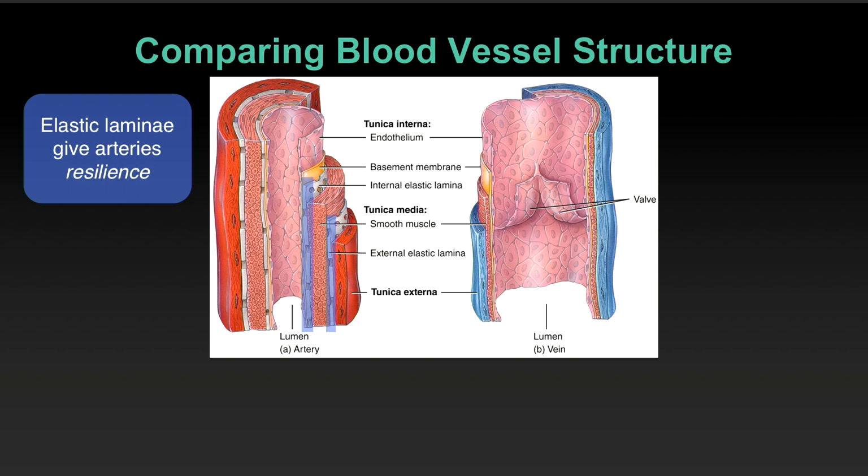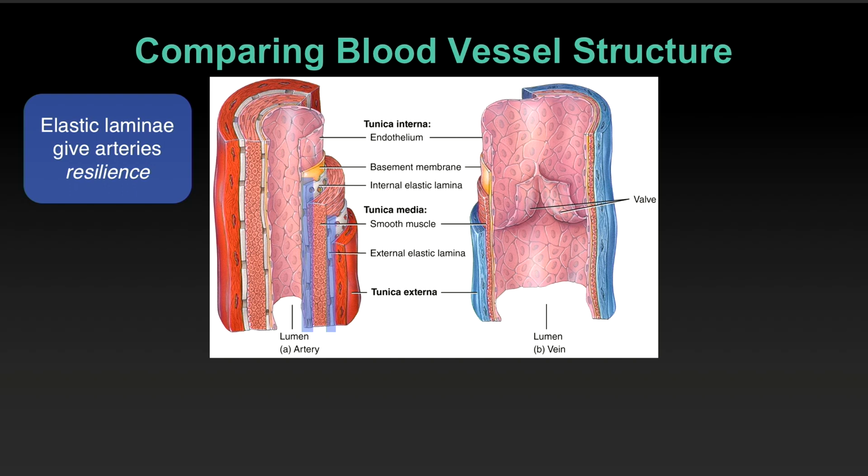Similarly, in humans, arteries are springy. They're resilient. They want to return to their original shape. And that is a really important characteristic for understanding their proper function. They want to return to their original shape. They are resilient.